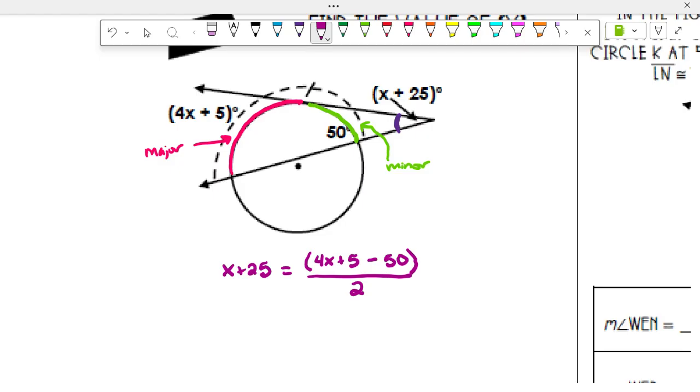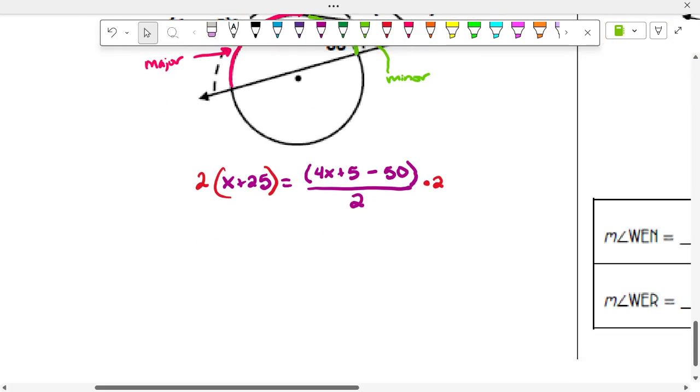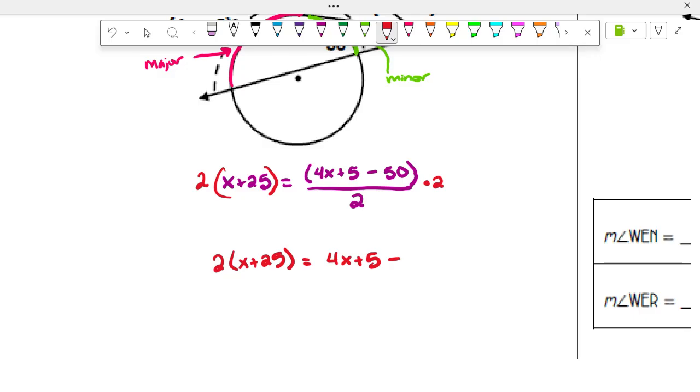Now, that is not necessarily a hard equation, because how do I get rid of the dividing by 2 on the bottom? Multiply both sides by 2. So this is now 2 times x plus 25 is equal to 4x plus 5 minus 50. And that's a pretty straightforward equation. So don't let that dividing by 2 throw you. All you got to do is just multiply both sides by 2.